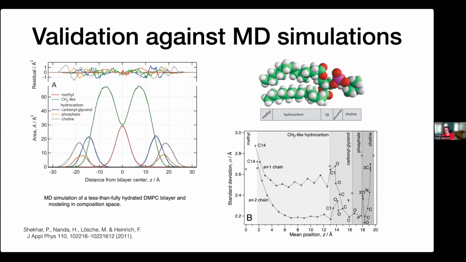But on the right side, if you just take from the simulation those traces that you see here, the mean positions of every atom and the standard deviation of every atom in a lipid bilayer, you see they vary quite a lot. The mean positions more or less follow your lipid molecules, having the methyls close to the bilayer center and the atoms of the choline part of the head group further out.